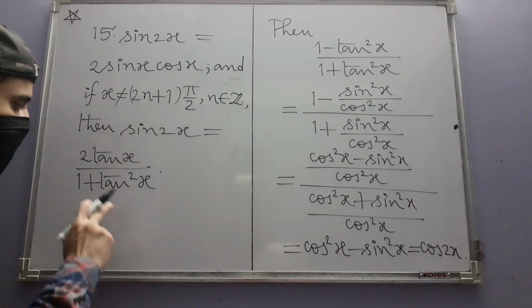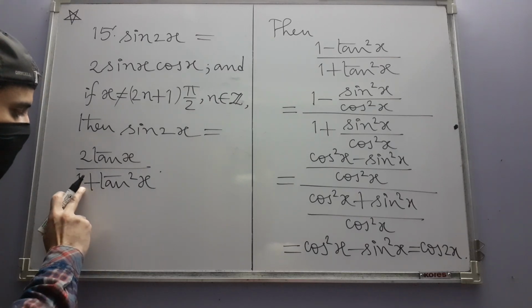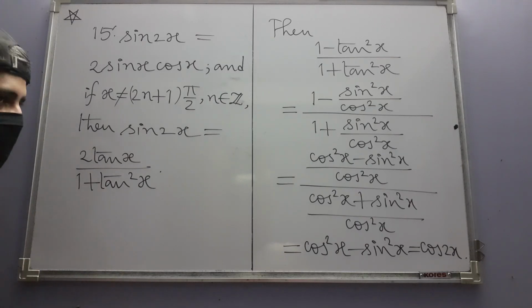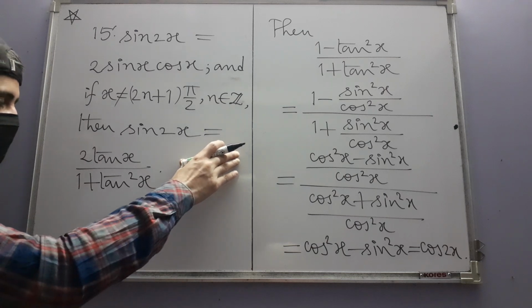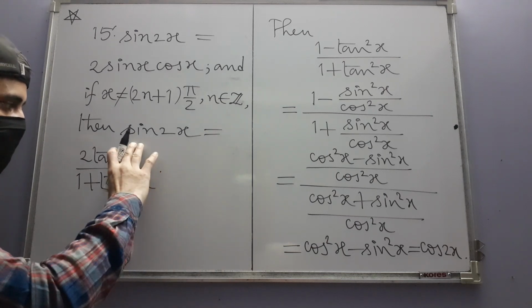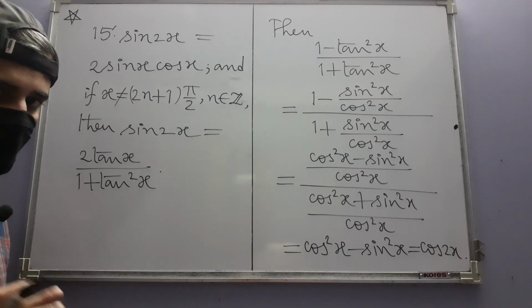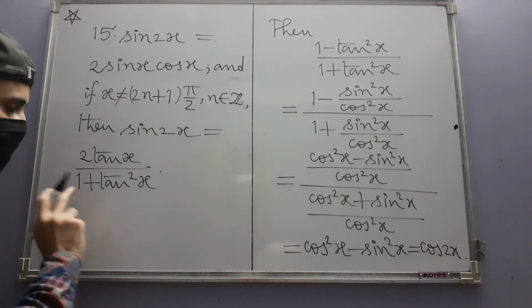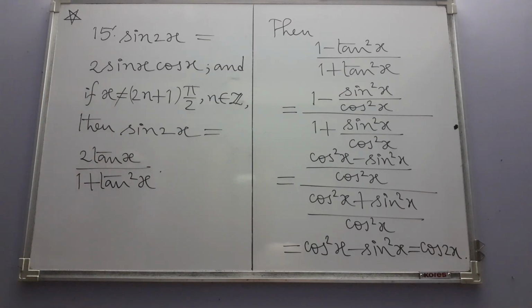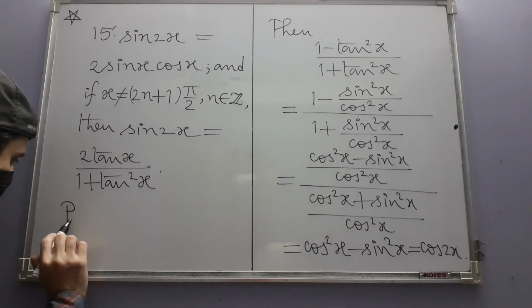So if what you remembered is wrong, say I wrongly wrote minus 1 here, and then I start seeing what ultimately this thing becomes, I won't get sin 2x. That will tell me that I have made a mistake, so I will then write plus. But anyway, let's now prove this once also.